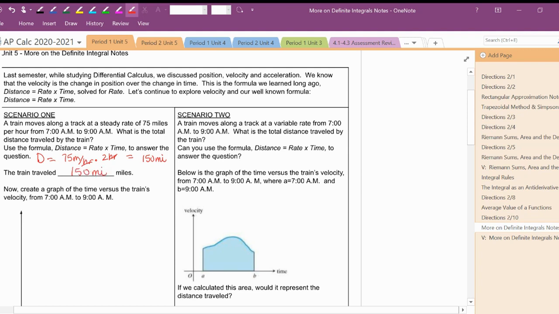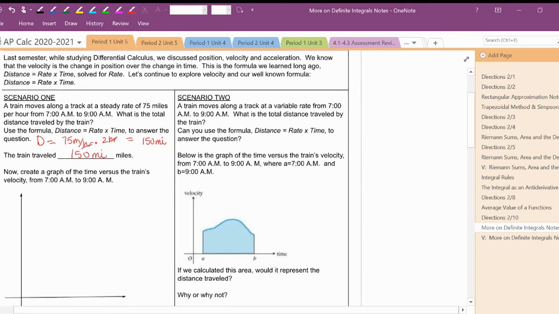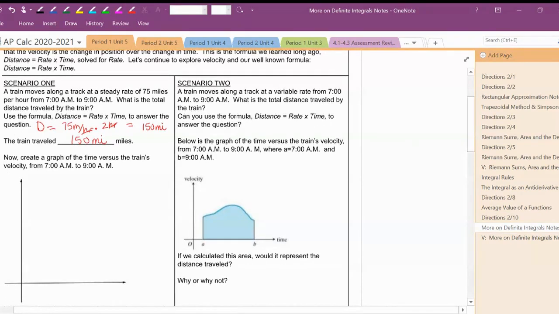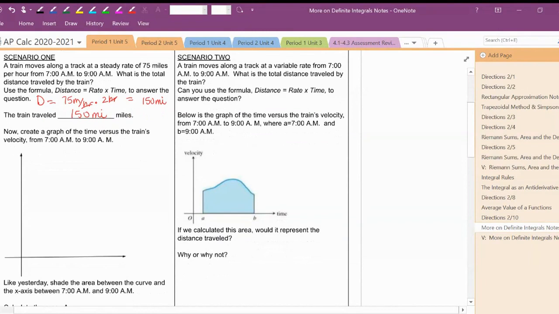Now we can represent a graph, and we're going to do time versus velocity. So here is the time, here is the velocity, 25, 50, 75, 100.